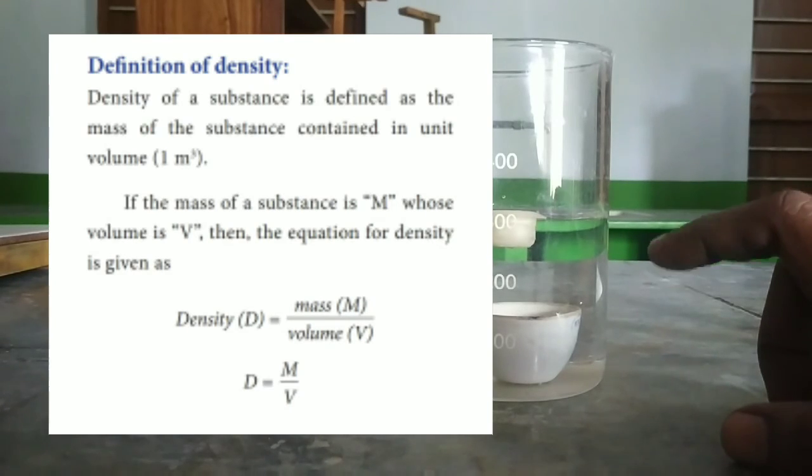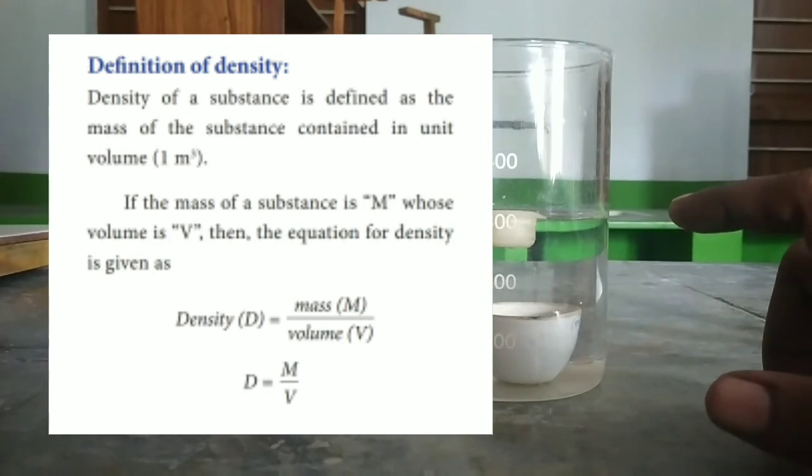If the mass of the substance is m and the volume is v, then its density is mass per volume, D is equal to m by v. The SI unit of density is kilogram per meter cube. The CGS unit of density is gram per centimeter cube.